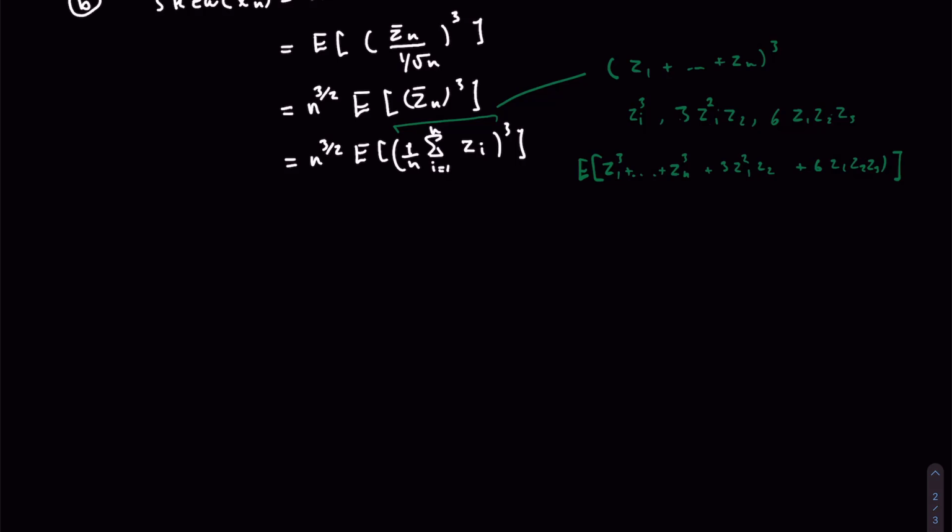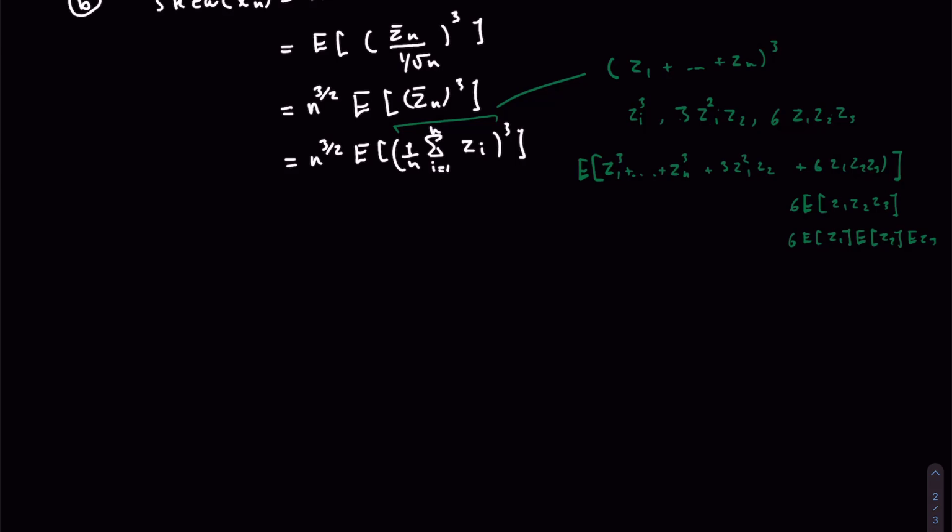and because these are independent, so for example, this term, when we do expectation over 6, we can pull the 6 out: expectation of z1, z2, z3. By independence, we can do the following: expectation z1, expectation z2, expectation z3.